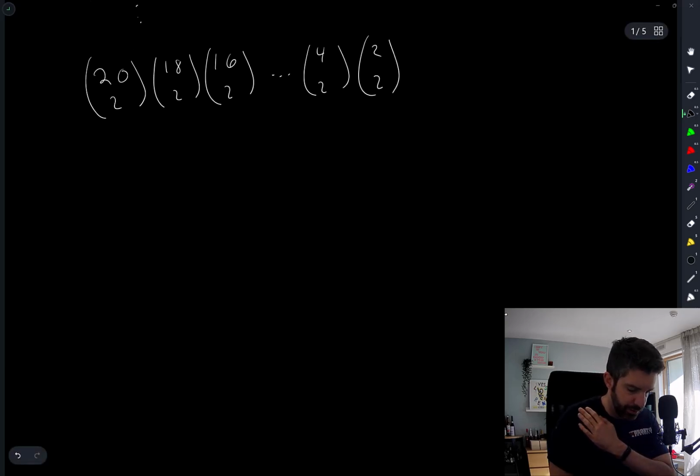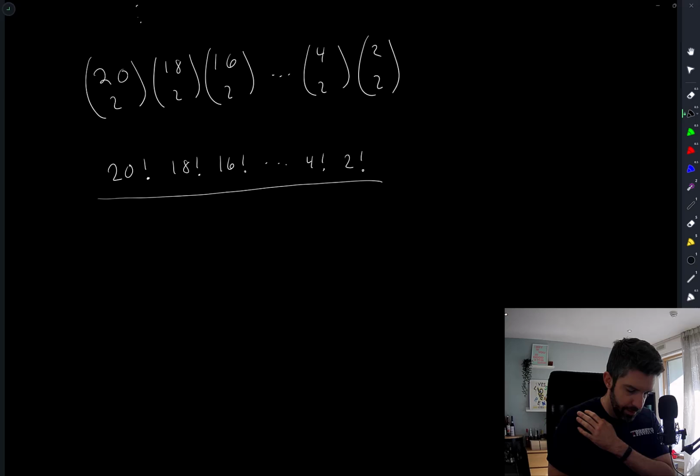But let's write this all out. 20 factorial times 18 factorial, 16 factorial. A lot of these are going to cancel out. 4 factorial, 2 factorial, divided by 2 to the power of 10, because the 2 factorial appears 10 times.